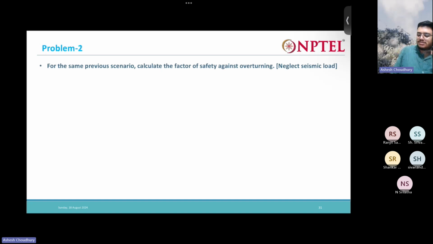Now next, for the same previous case, calculate the factor of safety against overturning. So what was the overturning moment?